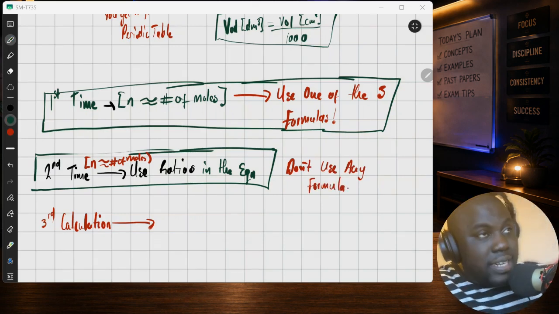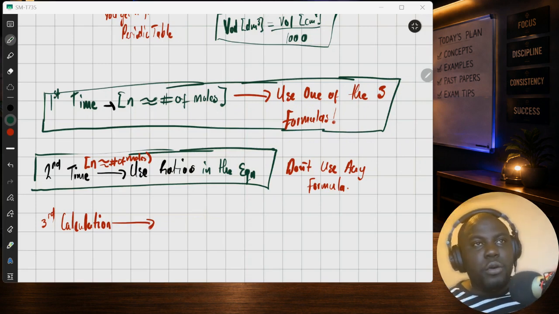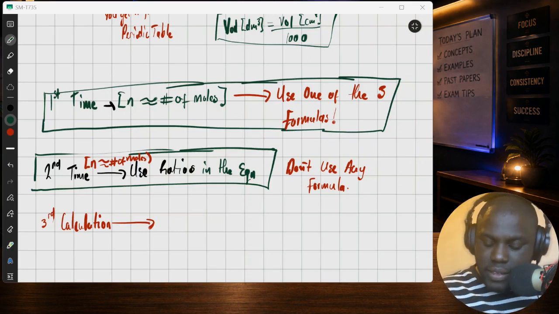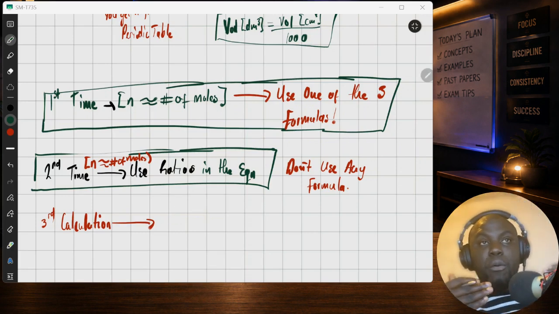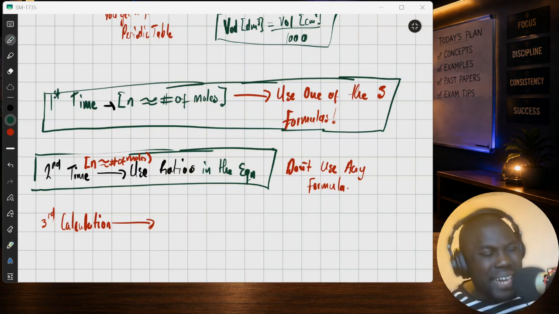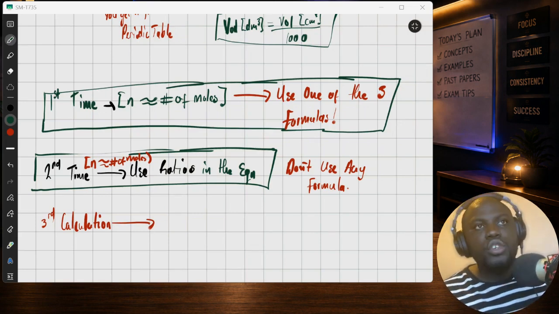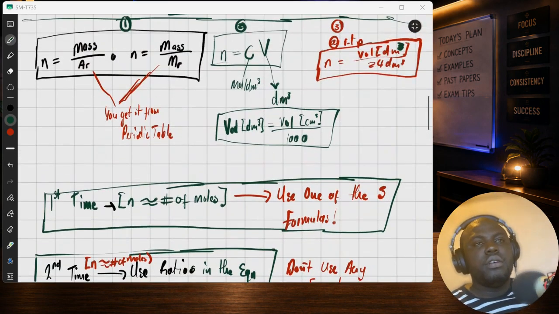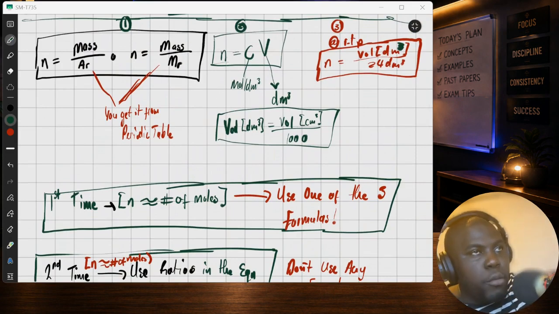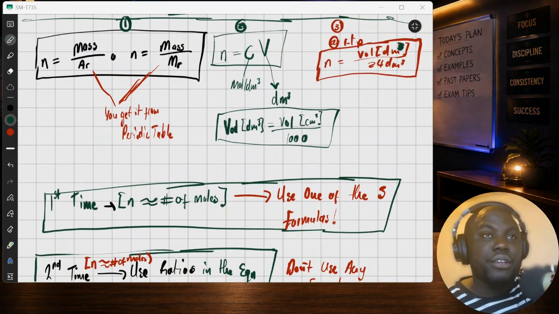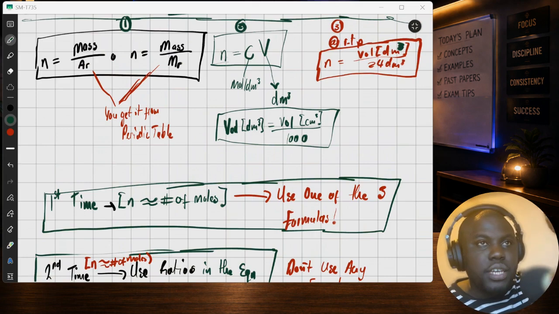Now, the third calculation is going to ask you for mass or volume or concentration or something. It will not be for moles, but you are going to use one of the formulas again. But these formulas are for moles? No, you can rearrange them and they can help you to find something else. Yes, I know they are for moles, but you can rearrange them.